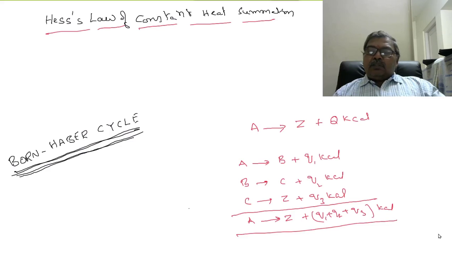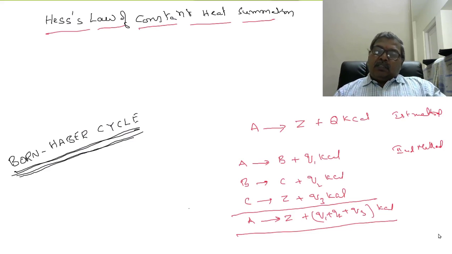Okay. So, this is the first method. Let us suppose that this is the second method. In the first method, A is directly converted to Z. In the second method, A is converted into Z through 3 steps.